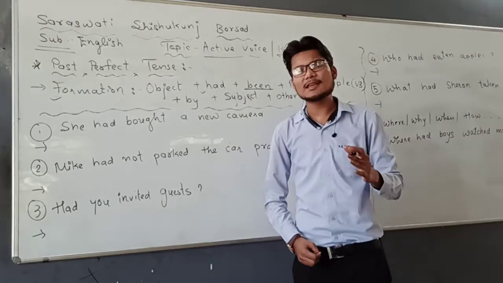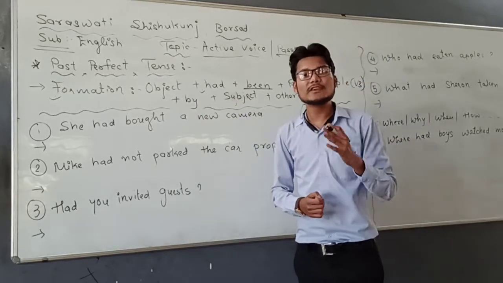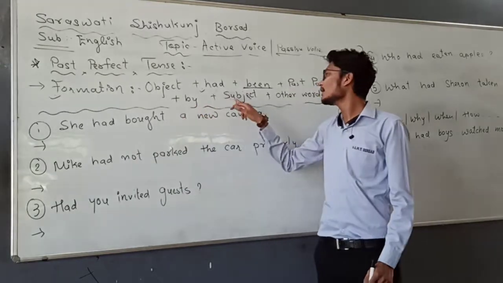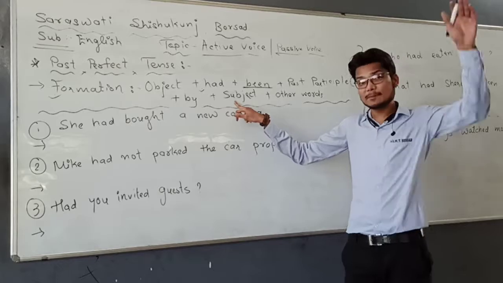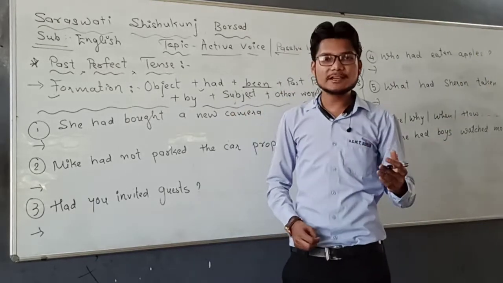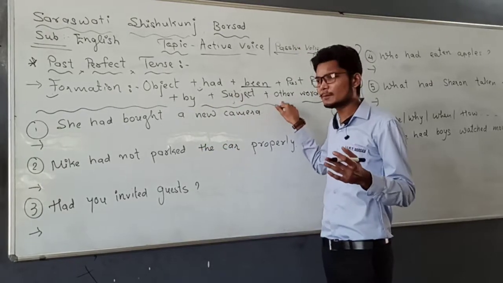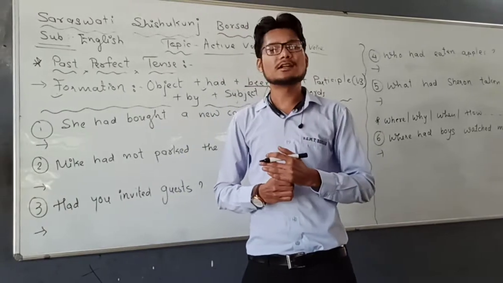Then after that, by, then the subject, whatever subject is given to you, and table-wise, in the very first video I gave you the table, the changes will take place like that. Then, if other words are given in the sentence, you have to put the other words.